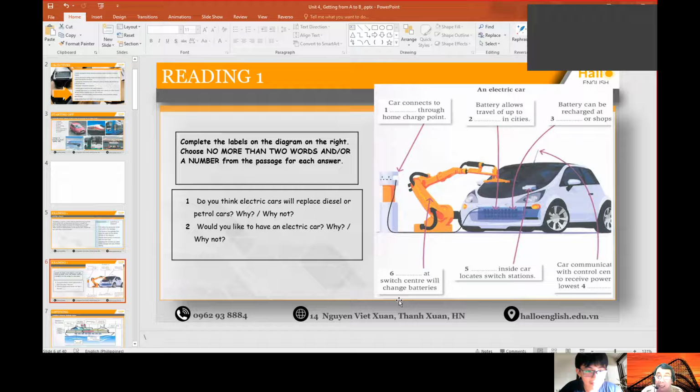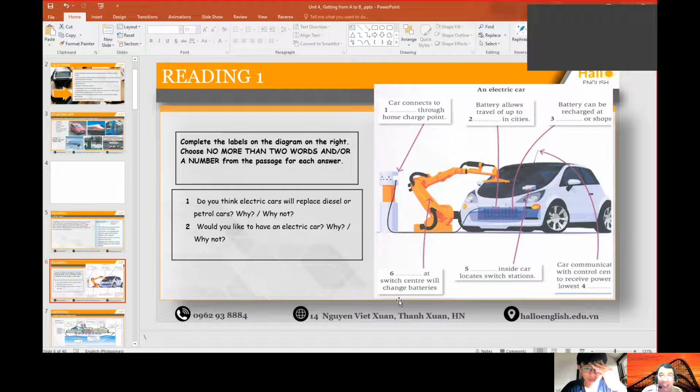Yes, but remember the question here: do you think electric cars will replace diesel or petroleum cars? You were able to mention your answer, and to tell the listeners that if you use electric cars, you cannot emit those dangerous smokes, so it cannot contribute pollution to the world.